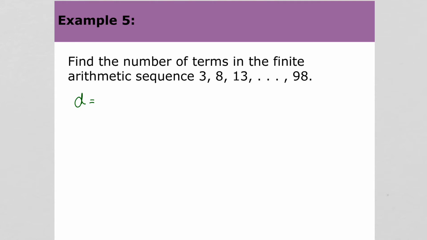And we can do that by looking at those first 3 terms. So we'll take 8 minus 3, that's 5. And 13 minus 8, that's 5. So d must be 5.